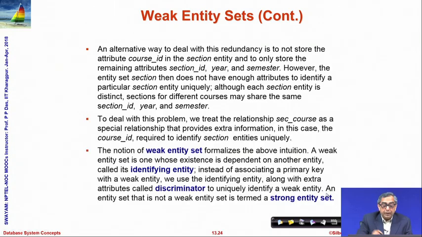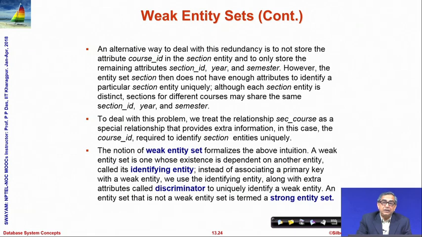So, the weak entity set is one whose existence depends on another entity set. If I just say section having section ID, year and semester, then it is not uniquely specified until I have a relation section course which relates the section to the particular course ID.